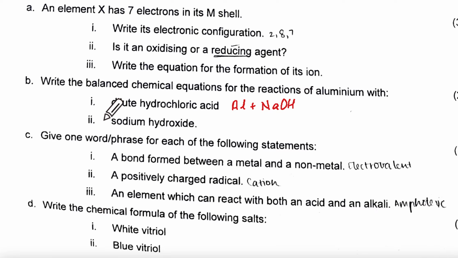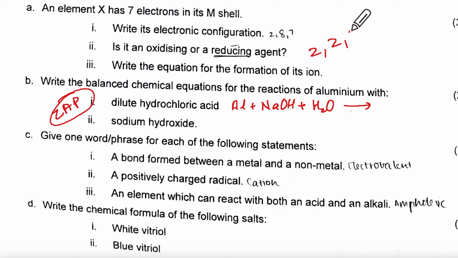Now with sodium hydroxide, Al plus NaOH. Now metal with alkali means you have to remember this. And for aluminium, the important thing is that you will need H2O also. And what did I tell you about aluminium to remember? 2, 2, 2, 2, 3. So 2Al plus, tell me, 2NaOH plus 2H2O, and it forms a complex salt. Which one? NaAlO2 I told you. So that is 2 again.